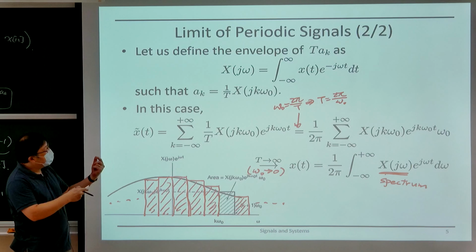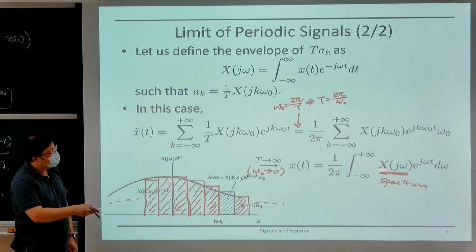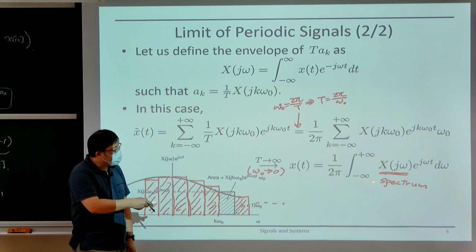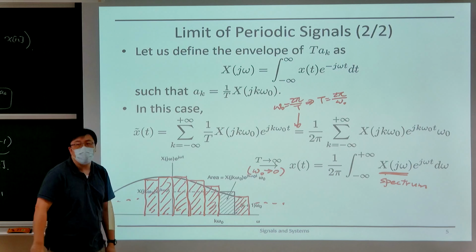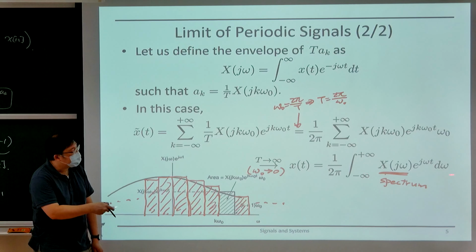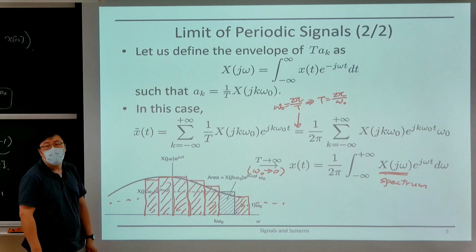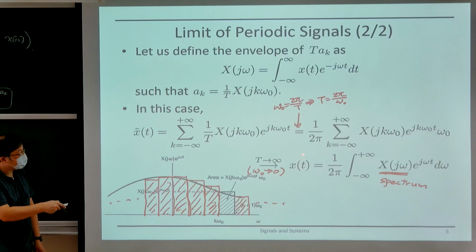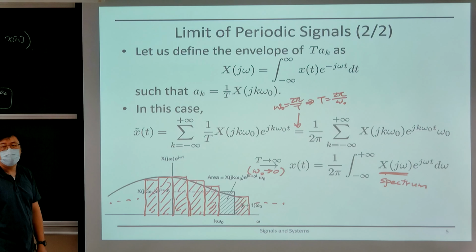And also, if you are given the spectrum capital X of j omega, you can actually reconstruct the signal x of t by taking a linear combination of these frequency components scaled by this spectrum. So given x of t, you can compute the frequency domain, and given the frequency domain, you can compute the time domain signal.